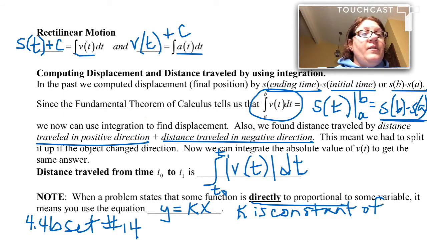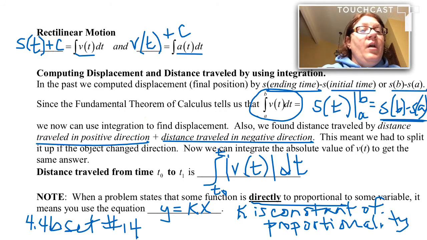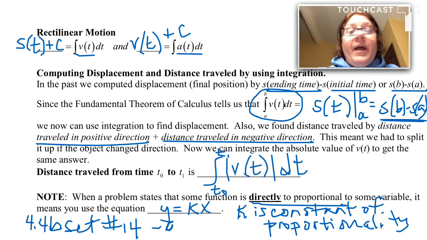Fancy title, isn't it? We introduce k, the constant of proportionality. Sounds like the king of something. And so on problem 14, I don't have it here to look at, but I remember it has something to do with this.